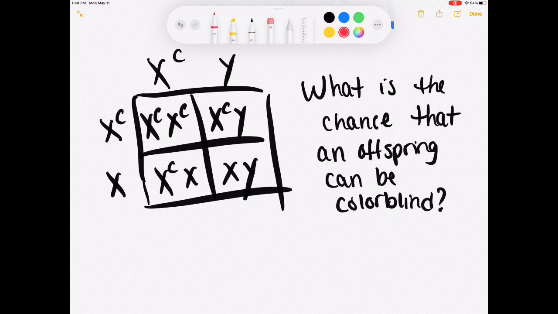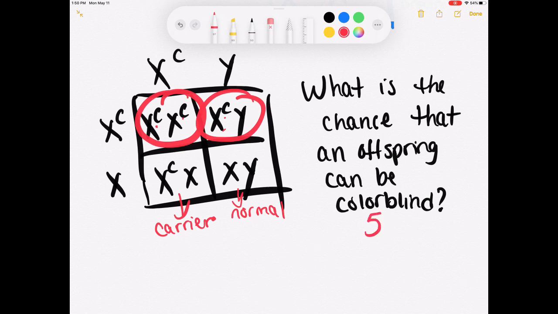This one is colorblind because both X's have it. This male only has one X, but it has the colorblind gene, so that's colorblind. She is a carrier. She will not be colorblind. She could pass it on to her offspring, but she's not, and this is a normal male. So when we put our percentages, we don't include the carrier in the percentage. So this is 50% because 2 out of 4 boxes are showing the trait.